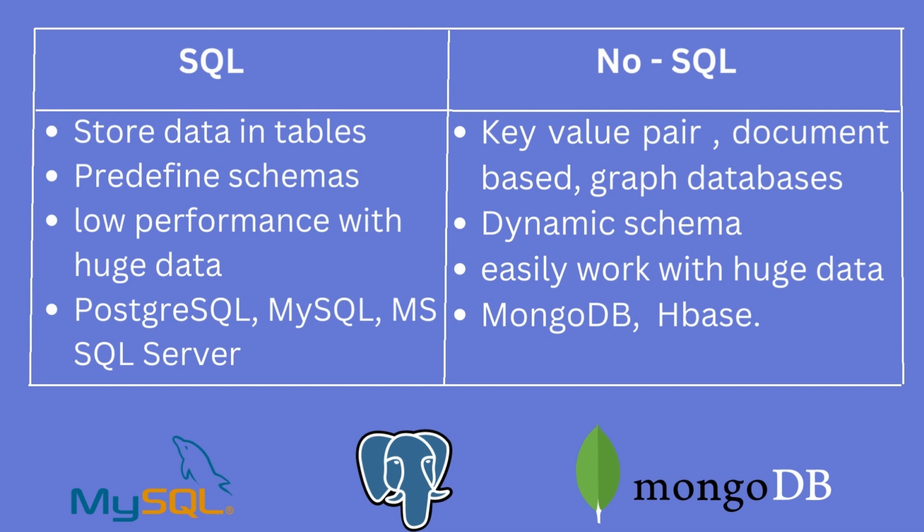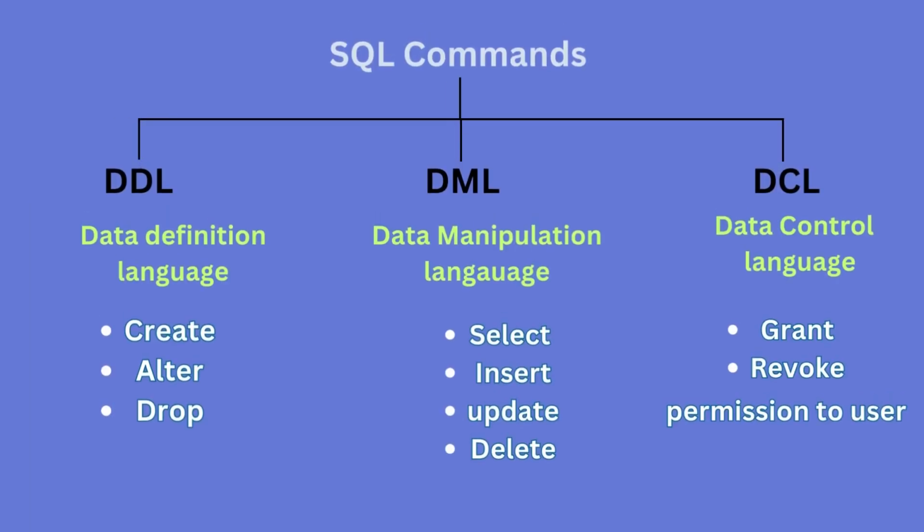Now let's see what the types of commands in SQL are. There are three types of SQL commands: DDL, DML, and DCL. DDL stands for Data Definition Language, which is used to create, alter, and drop our data. DML stands for Data Manipulation Language.